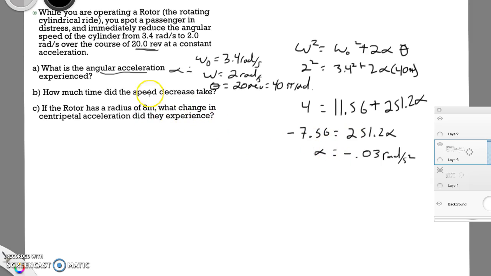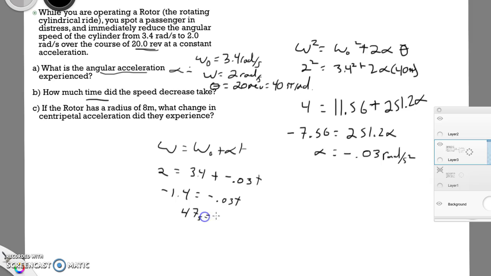So anyway, we can go ahead and find out how much time that took. Okay, we'll use this equation right here. Alright, so we have 2 for our final, 3.4 for our initial, and our negative acceleration. Okay, and we're going to find that it's going to take about 47 seconds.